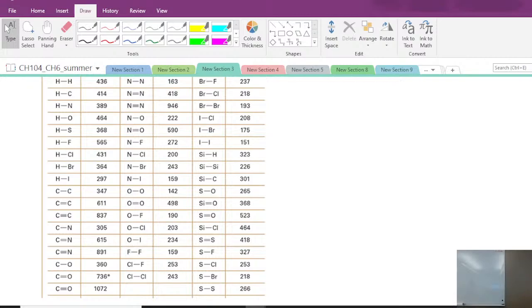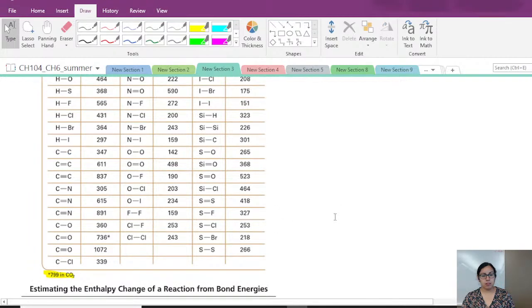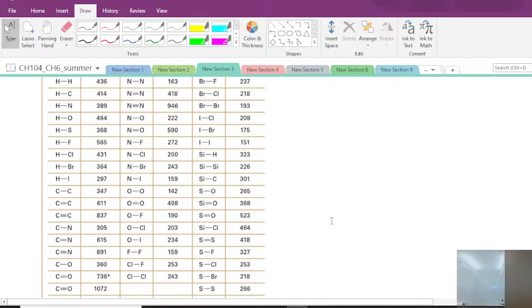Yes, that would be 4, so you have to calculate how many OH bonds. Okay, so the only double bond would be the CO2, right? Yes, it's 2 double-bonded COs.